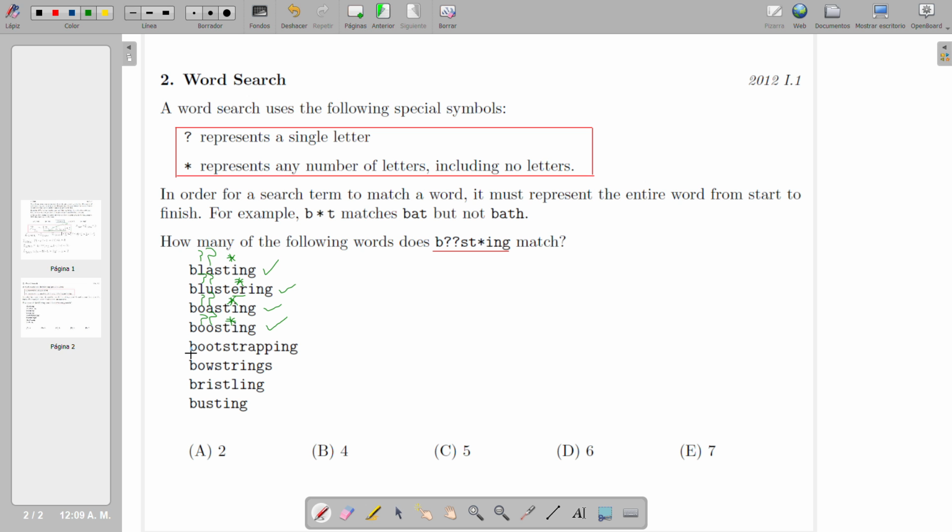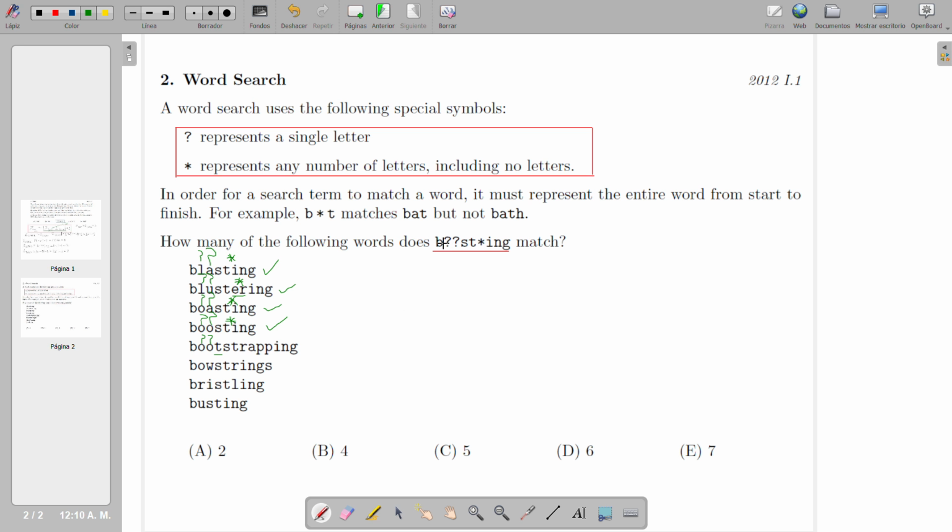Then we have bootstrapping. Same situation with these two O's. And then we have a T here. So in the matching criteria, we have only two question marks, and each of these question marks can represent a single letter.